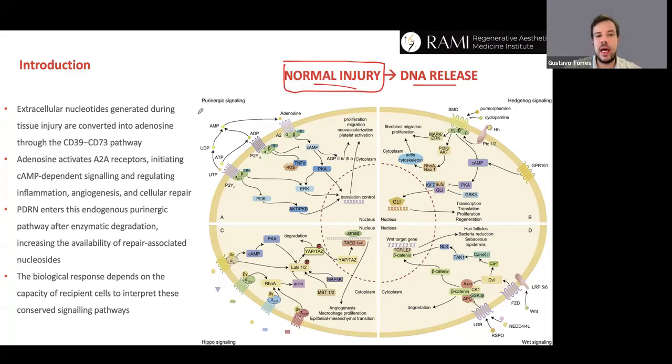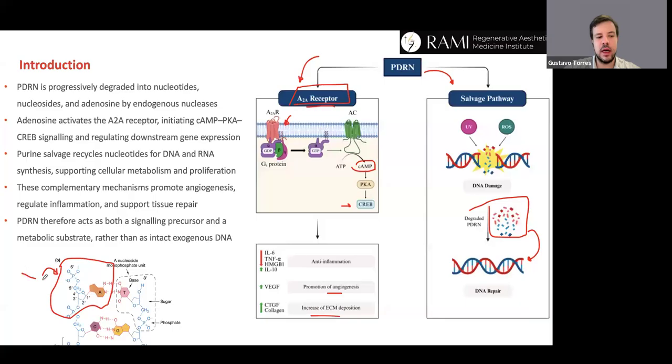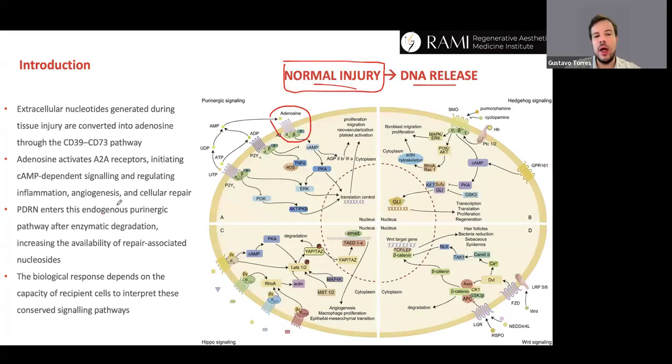These extracellular nucleotides were initially compartmentalized inside the cells. They are released, and they bind to the adenosine receptor, reminding you that adenosine is this molecule here, which is a normal part of the DNA. When it binds to the adenosine receptor, it starts this cAMP-dependent pathway that leads to cell proliferation.